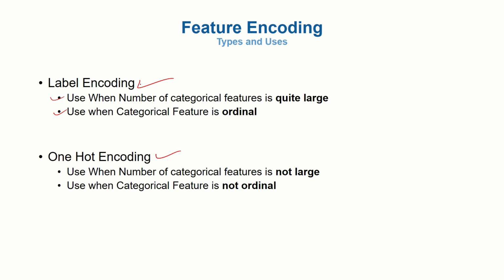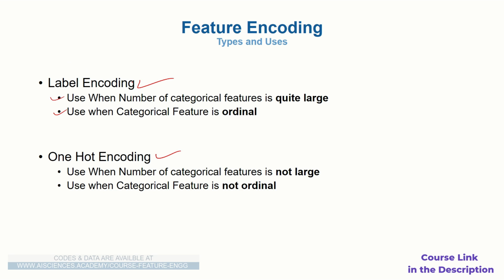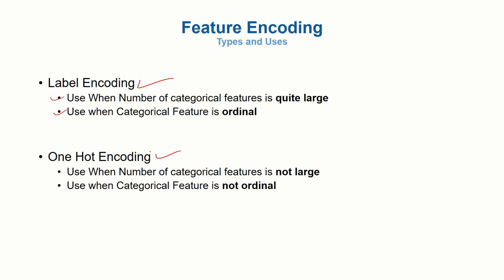Okay, so finally we are discussing where you should use label encoding and where you should use one-hot encoding. It really depends upon the dataset that you have. Some of the axioms or norms that the data science community actually follows are the following. Let's say when you have a very large number of categories in a feature, you should use label encoding.